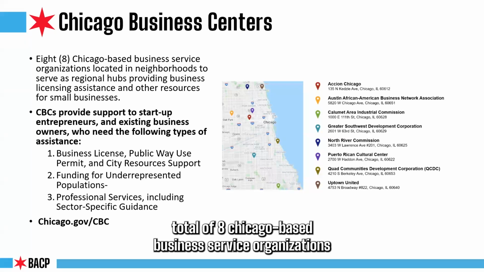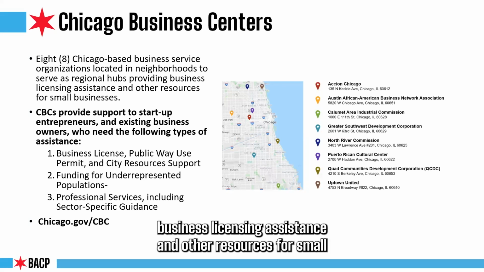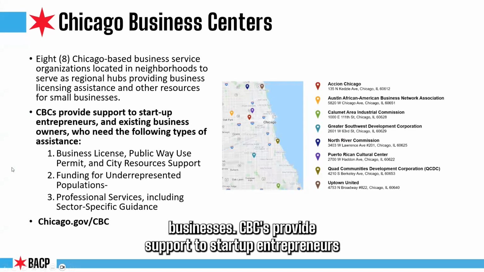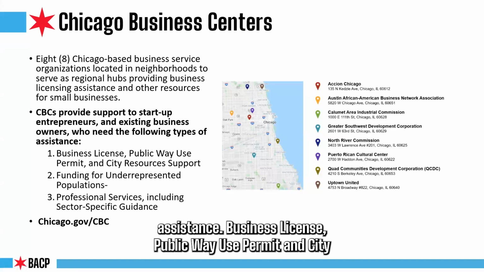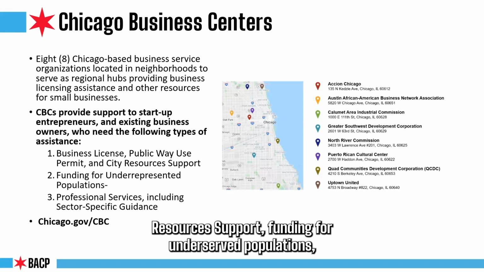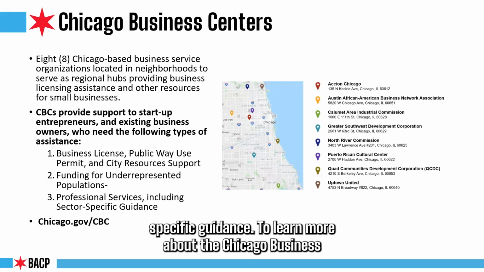Next slide, please. We also oversee the Chicago Business Centers. There are a total of 8 Chicago-based business service organizations located in neighborhoods to serve as regional hubs, providing business licensing assistance and other resources for small businesses. CBCs provide support to startup entrepreneurs and existing business owners who need the following types of assistance: business license, public way use permit, and city resources support, funding for underserved populations, professional services, including sector-specific guidance.